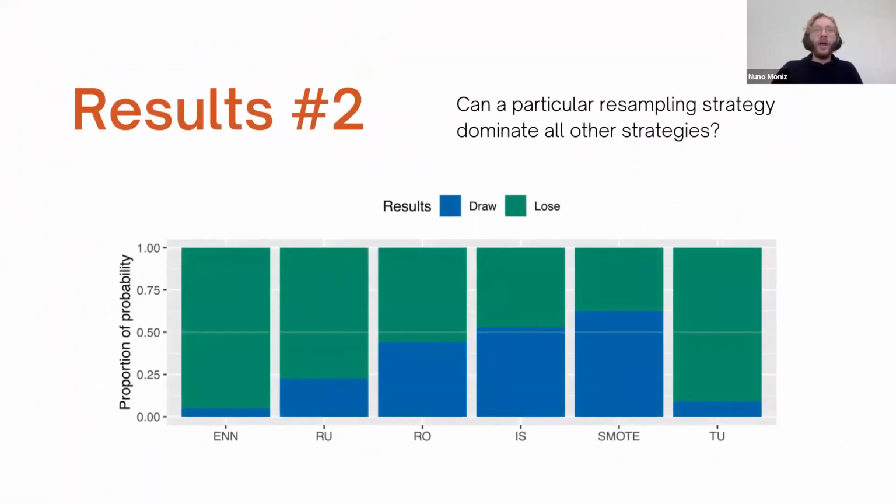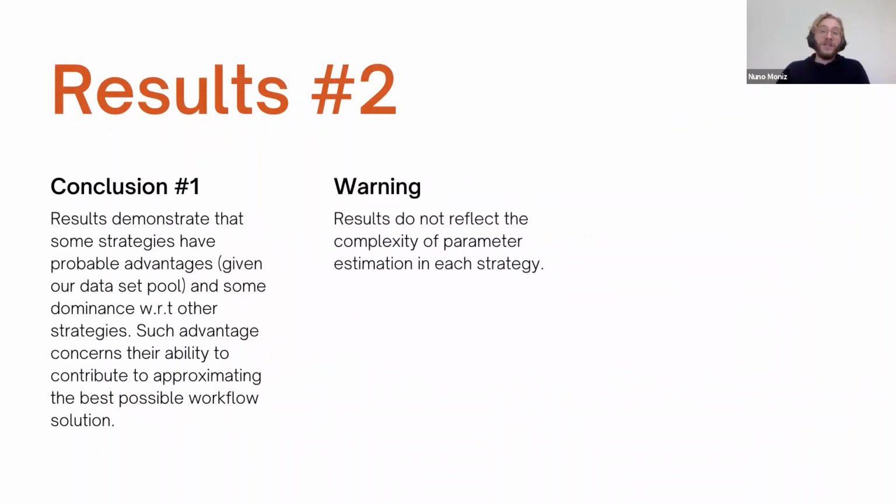Then we look at the particular resampling strategies. The question is, can we find a certain resampling strategy that dominates all other strategies? And here we start to have some different results, okay? The conclusions seem to demonstrate that some strategies are more likely to have advantages and dominance over others.